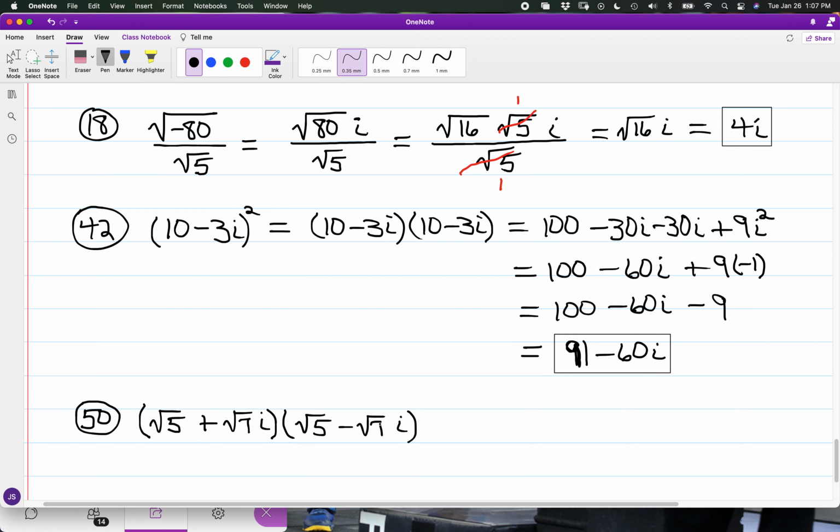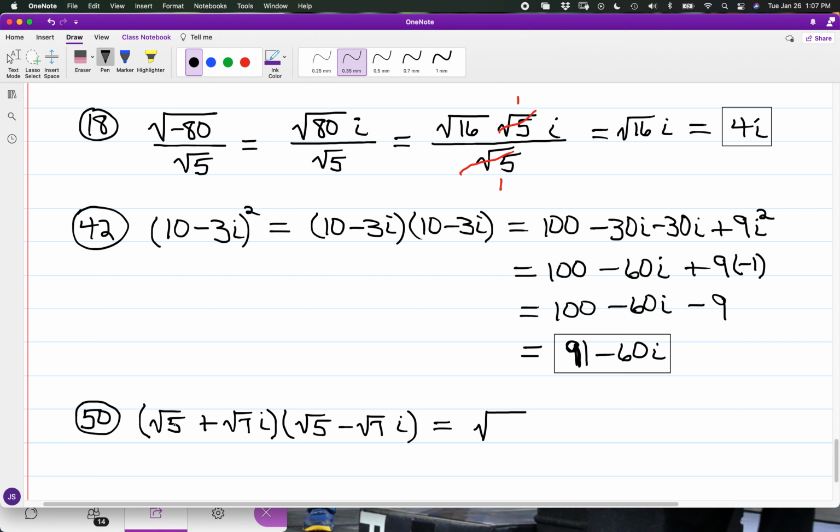Now the display could have originally been the square root of 5 plus the square root of negative 7 times the quantity square root of 5 minus the square root of negative 7. But here the author has already taken the complex radicals and expressed them in terms of the letter i. So if we take the FOIL, I'm just going to multiply and keep the radical notation at the present moment.